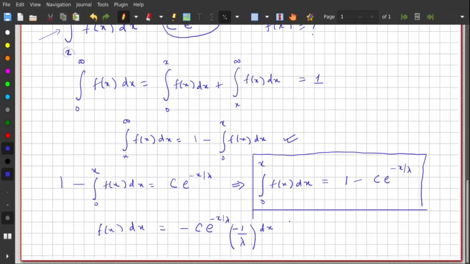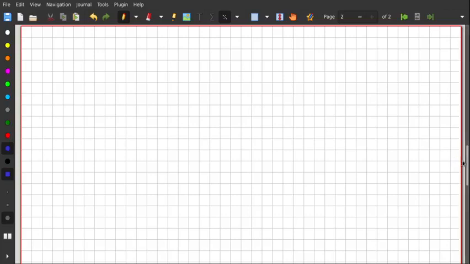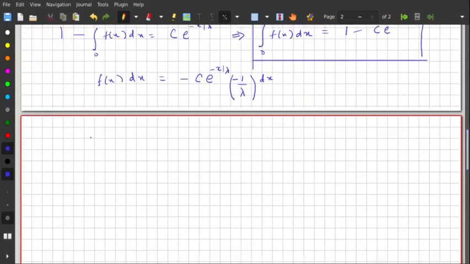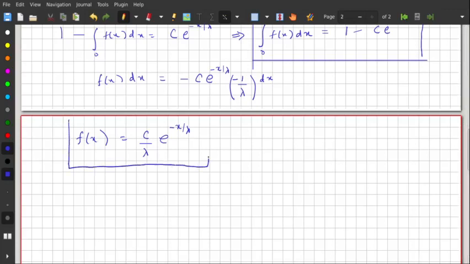Okay, so if you see, what we get from here is f(x) equals c over lambda e to the minus x by lambda. Okay, so we found out what the probability density function is and how it looks.